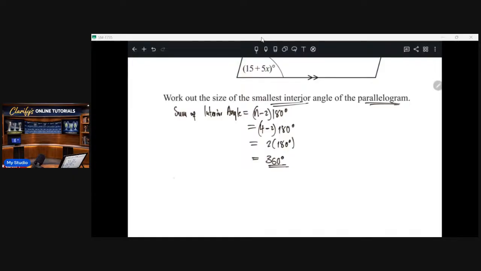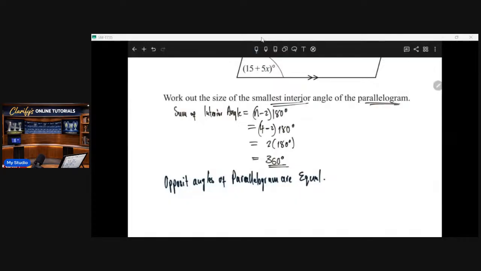Let's put them. Write this statement: opposite angles of a parallelogram are equal.